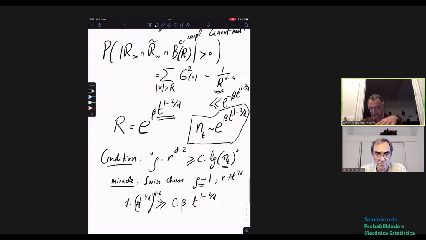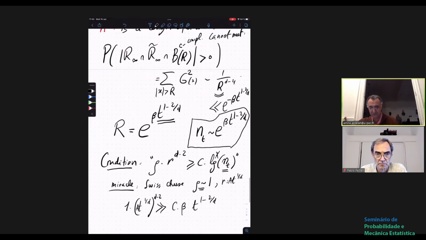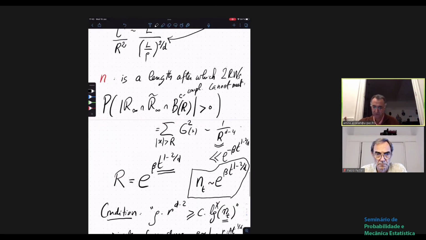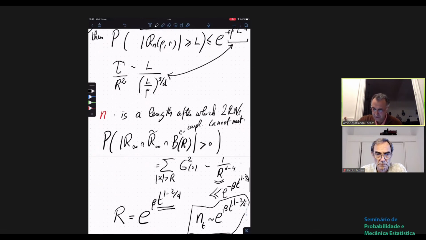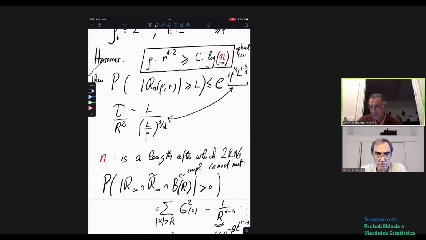If we had a log squared here, we would not have been able to solve this problem. So there is something in our condition which is optimal. So I go back to our hammer. This is an optimal condition, the log.